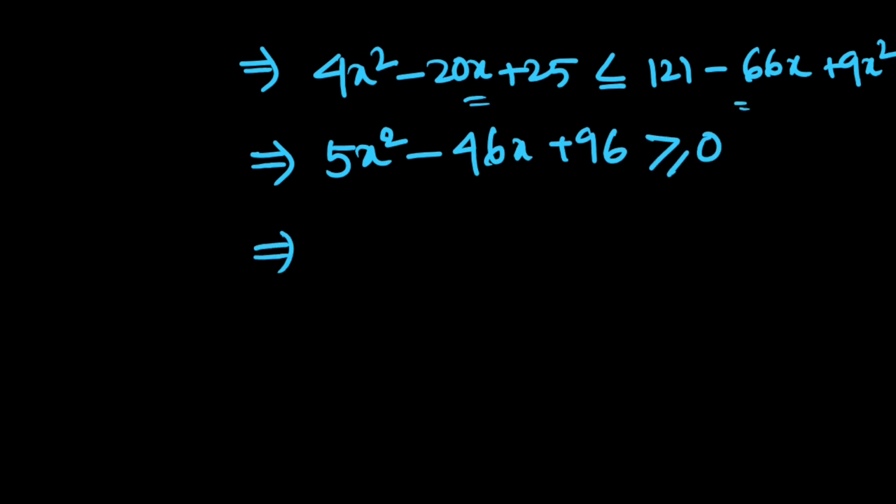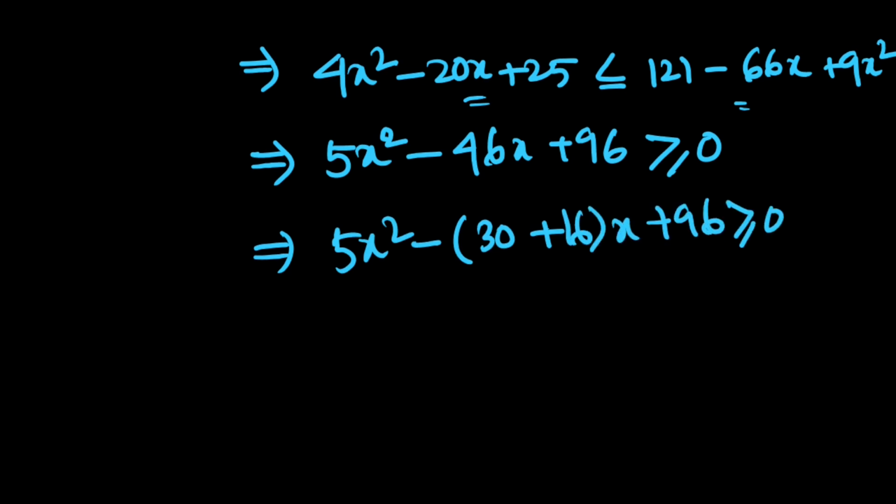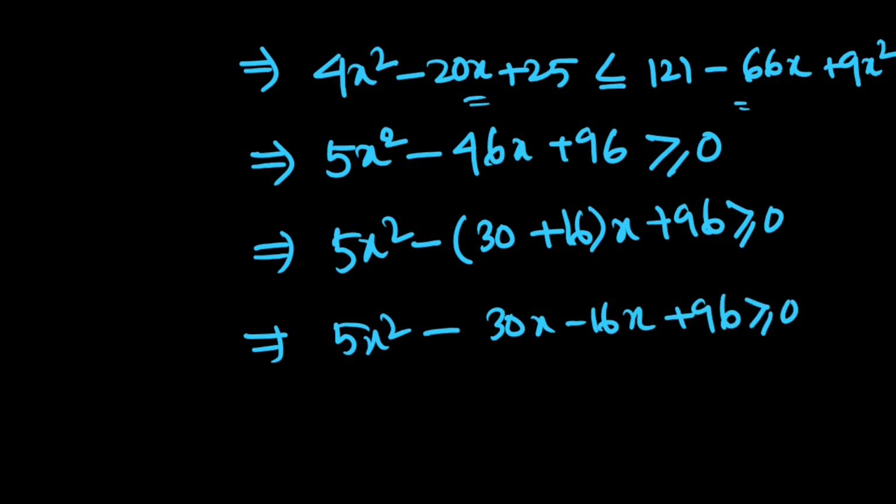Now we break the middle term, then we get 5x square minus 30x minus 16x plus 96 is greater than or equal to 0.